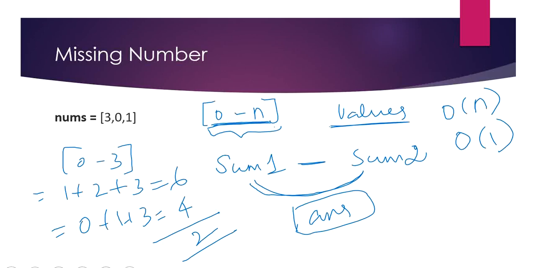The formula is n into n plus 1 divided by 2. Using this formula, we can easily calculate the sum of the given range instead of putting a for loop and iterating through it and adding to a sum, and another for loop to calculate the second sum and find the difference. So now let's see how we are going to code it.